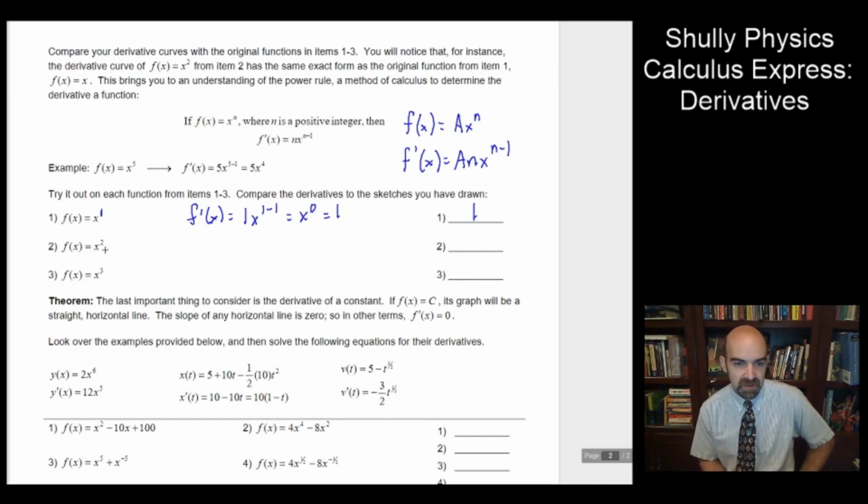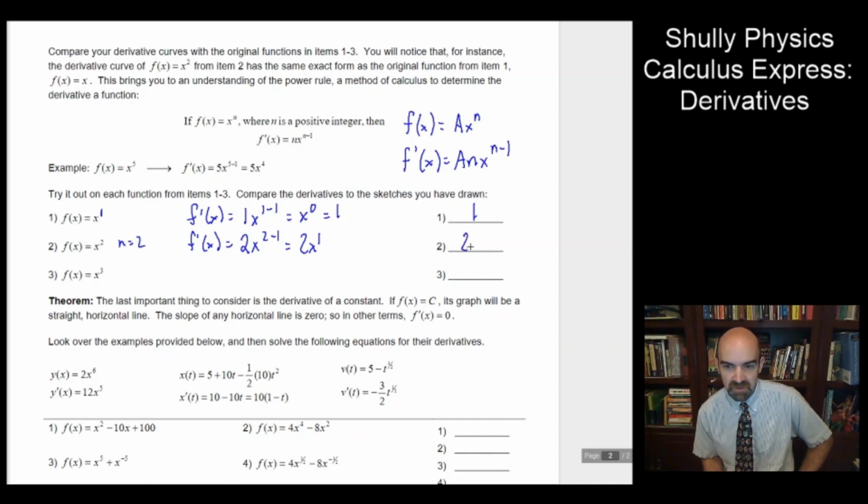Okay, and then our next one, f prime of x. We're going to bring the 2 down. N is 2 in this case. So 2x to the 2 minus 1. So I'm taking that x to the n turns into an nx to the n minus 1. So that's a 2x to the first power. 2 minus 1 is 1.